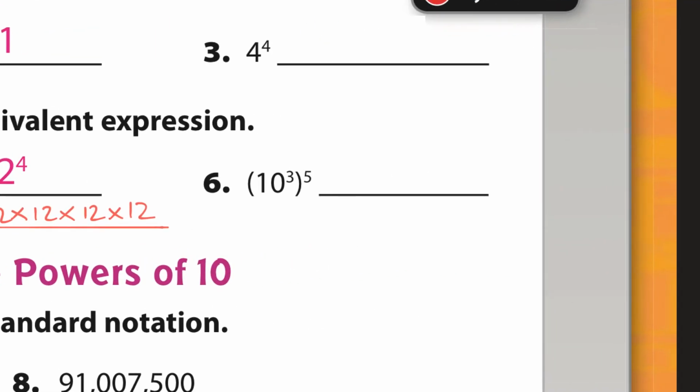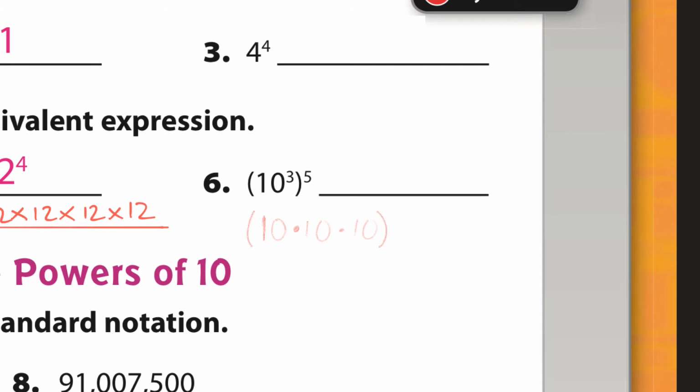12 to the third to the fifth. Okay, I'm going to try a pencil version of this. So 10 to the third is 10 times 10 times 10. That's not dark enough at all. I'm not going with the pencil version anymore.